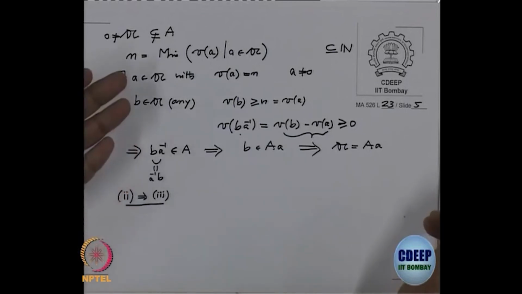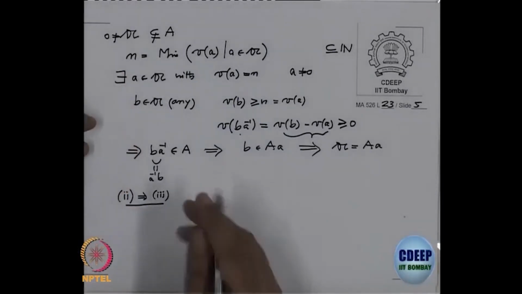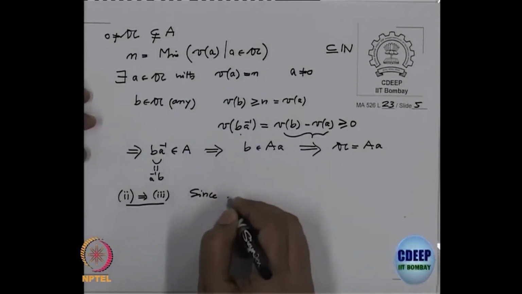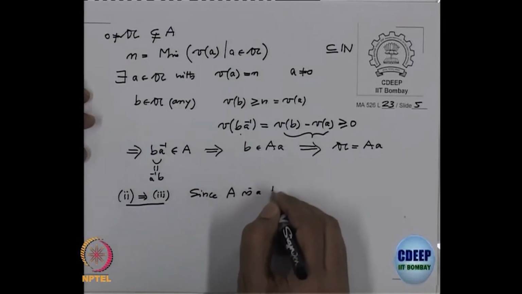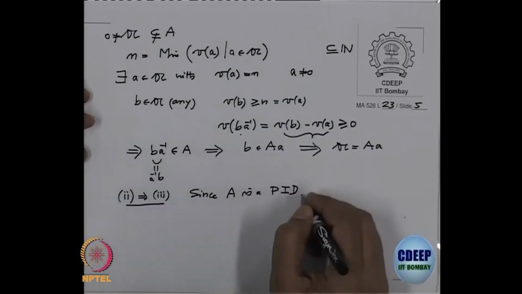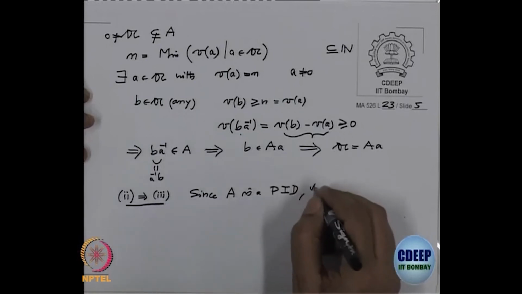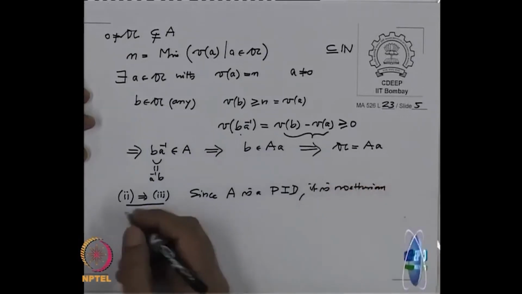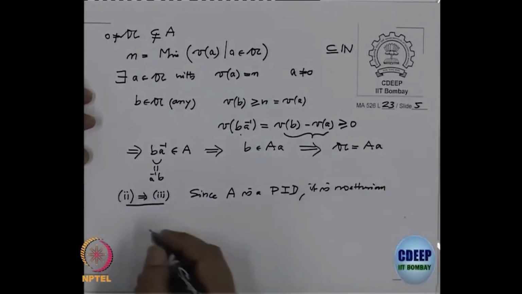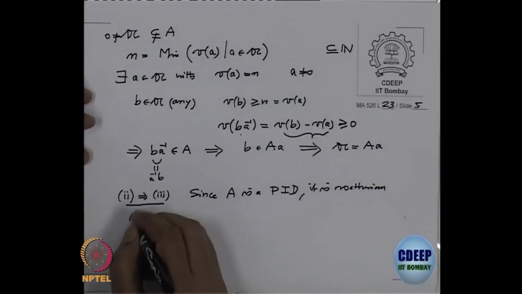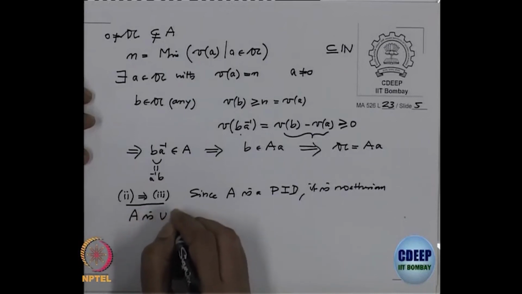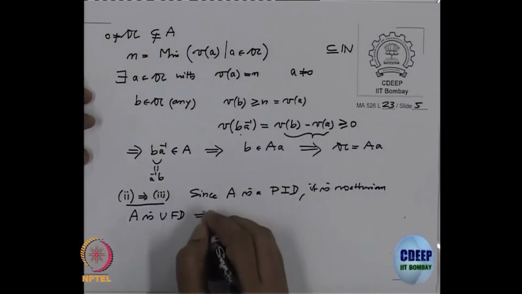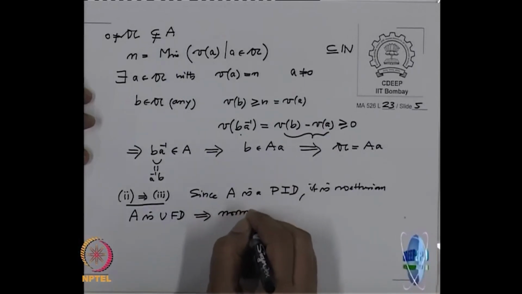Actually we will show that it is a UFD. Okay. So, since A is a PID, that is given in 2, it is Noetherian, and A is UFD, because PIDs are UFDs and UFDs are normal, we have already proved that UFDs are normal.